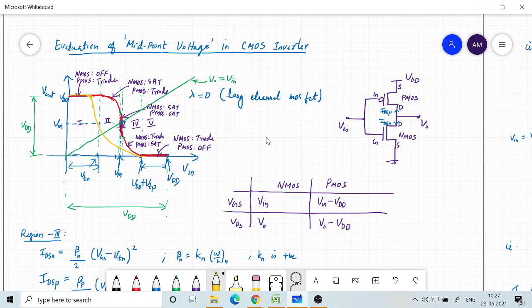Okay, so in different ways your transfer characteristics will modify. So you have to verify that.